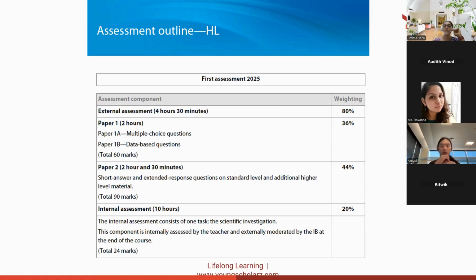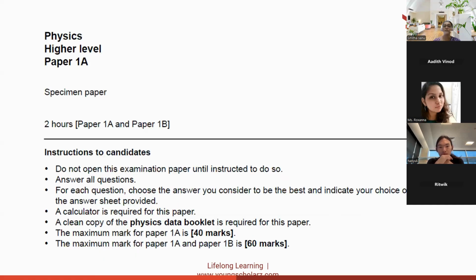Okay, paper 1. Paper 2 for HL is 90 marks. It's the entire content, whether you are writing short answers, long answers, all theoretical concepts. You are given 2 hours 30 minutes, and it's for 90 marks. And the third part is your IA, which you might have already completed by now.